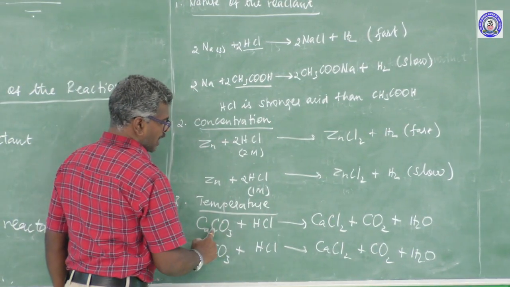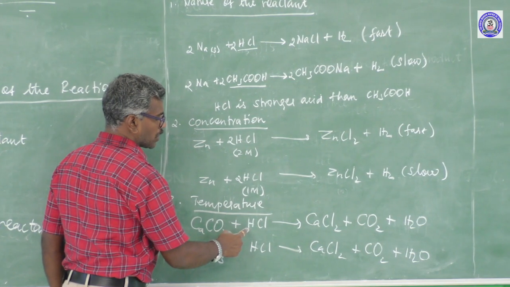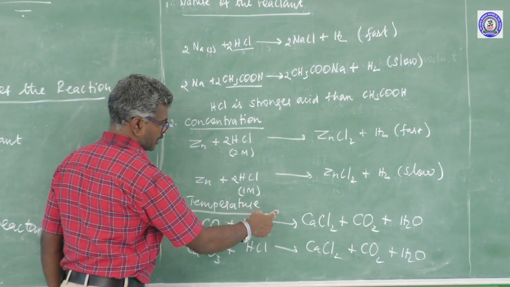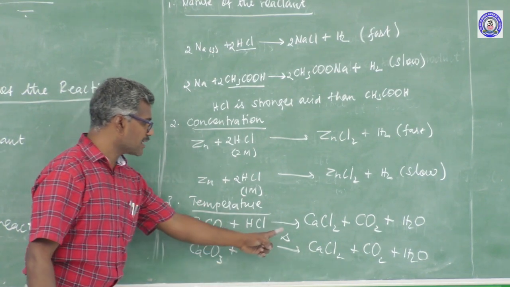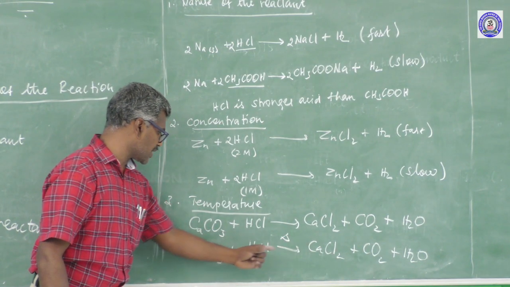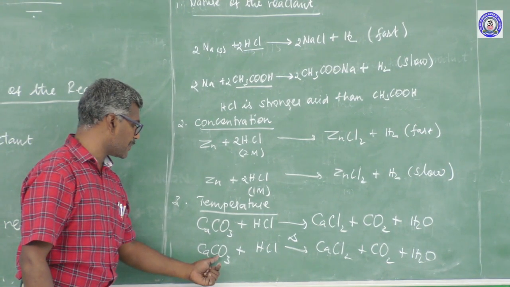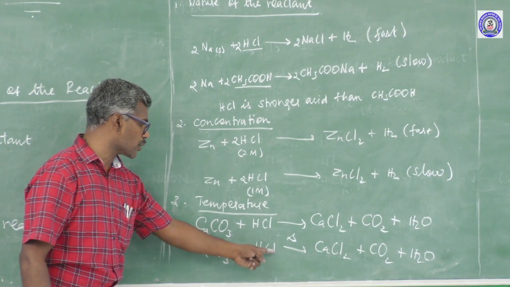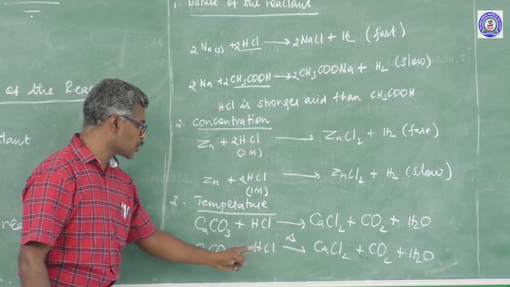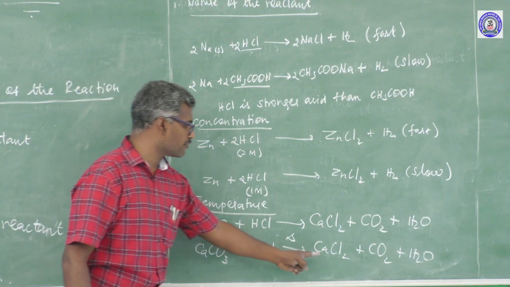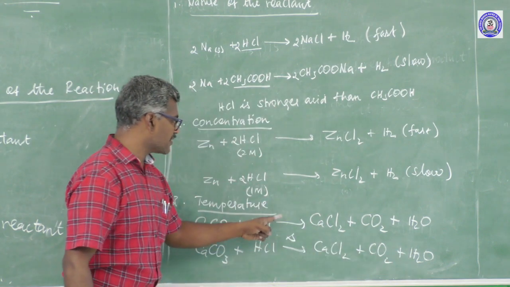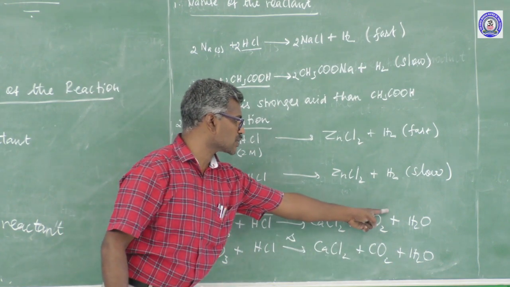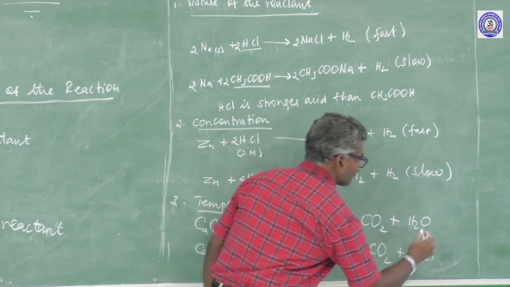Here, calcium carbonate reacts with hydrochloric acid without temperature, but in the presence of temperature, when we supply the temperature, calcium carbonate and hydrochloric acid react. The bonds undergo breaking to form calcium chloride and carbon dioxide plus water. Without temperature, this reaction is a slow reaction. This reaction is a fast reaction.